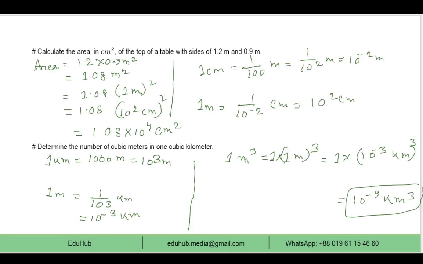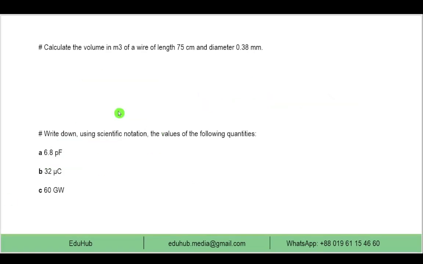So let's go to our next problem, which is: calculate the volume in meter cube of a wire of length 75 centimeter and diameter 0.38 millimeter. So we know that the wire is a cylindrical shape material.